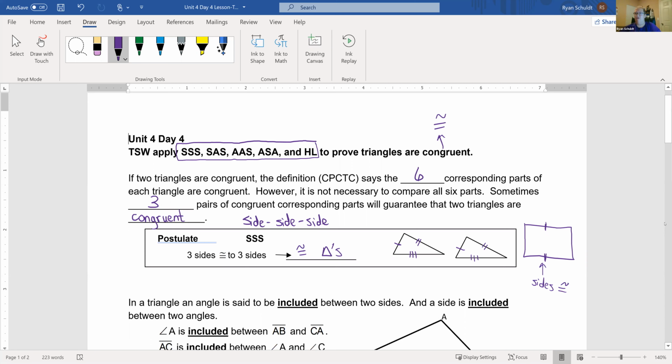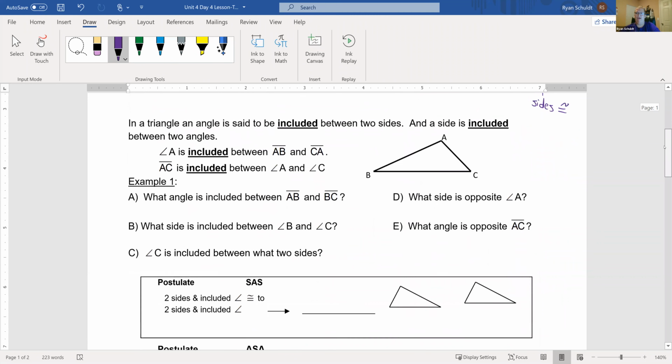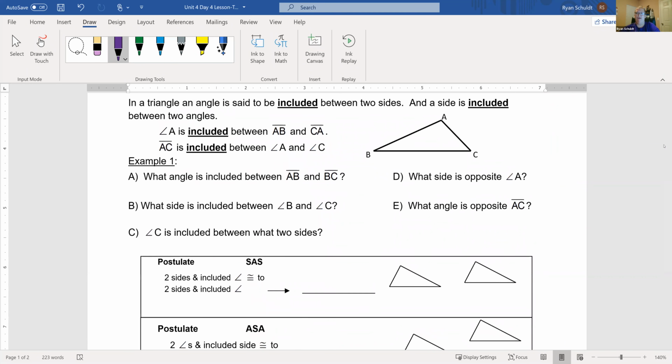So now, let's scroll down. Before we get to angles, we need to get some terminology off our chest.